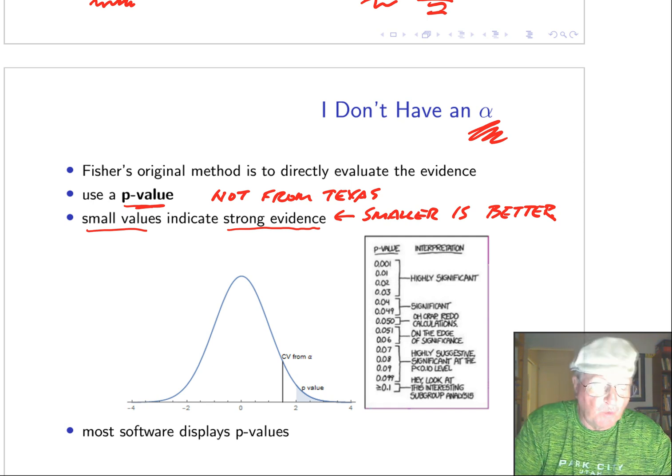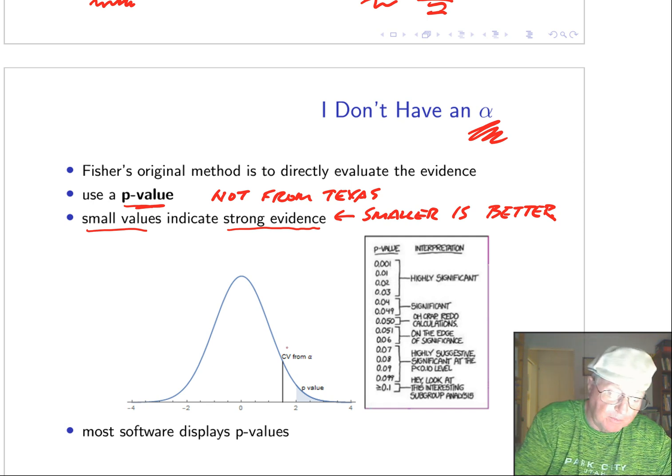Now, what if you do have an alpha? Well, take your critical value, compare it to the p-value. Okay, so here's the p-value. P-value is defined by the test statistic, or z-score.